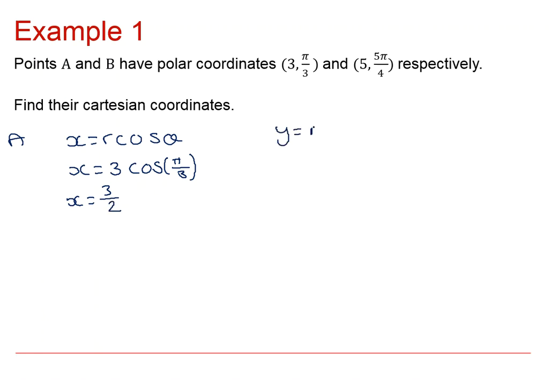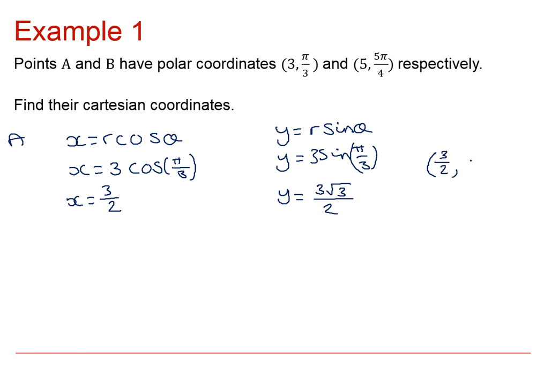We know that y is r sine theta, so y is going to be 3 sine pi by 3, so y is 3 root 3 over 2, and the coordinates of point A are (3 over 2, 3 root 3 over 2).